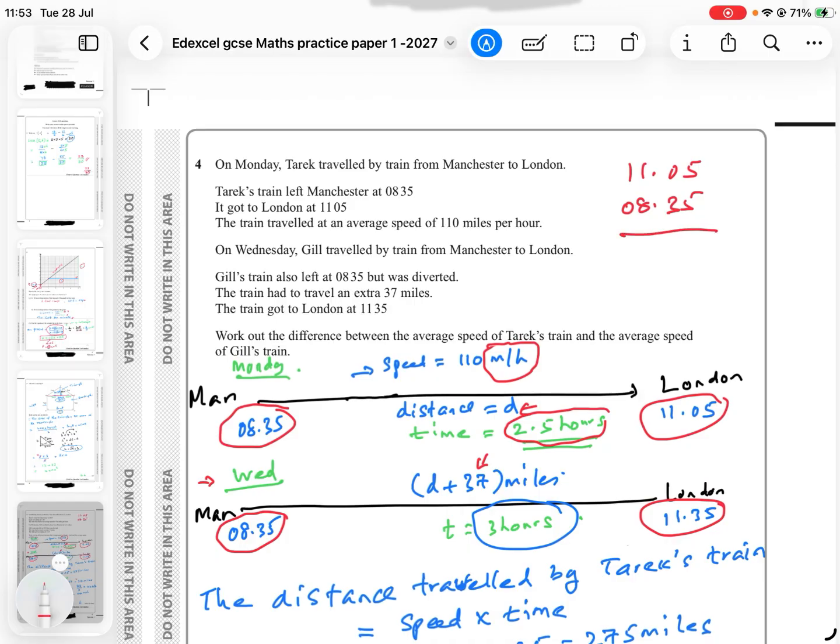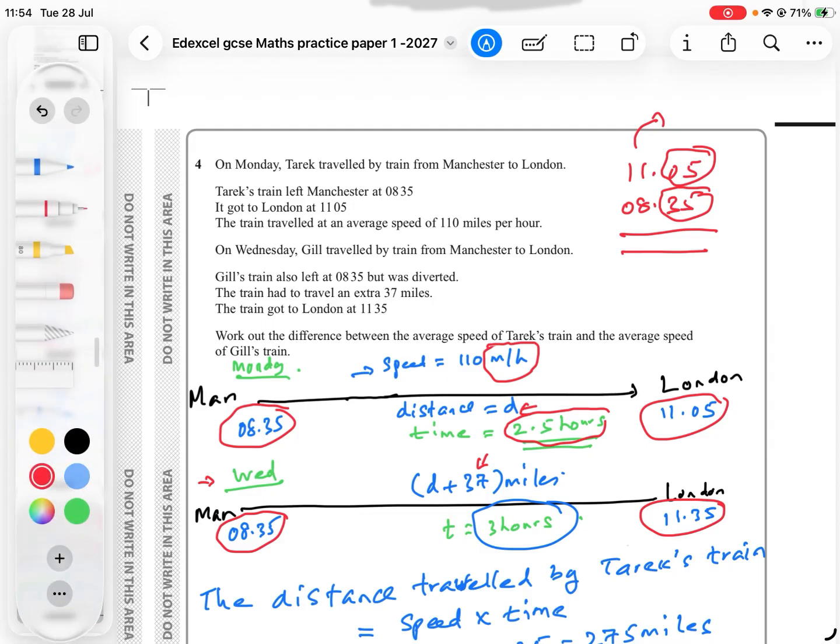So take away: this one 5 minutes, this one 35 minutes. You can't take away, so you need to borrow 1 hour. 1 hour means 60 minutes, so you add 60 and 5, that means 65. 65 take away 35 is 30 minutes.